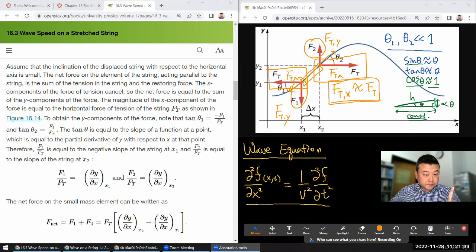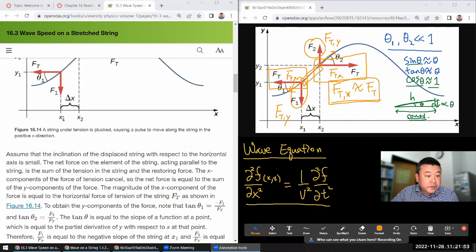So the x components of the force of tension cancel. So the net force is equal to the sum of the y components of the force. The magnitude of the x component of the force is equal to the horizontal force of tension of the string, Ft, which is approximately equal to Ft itself, as shown in figure.